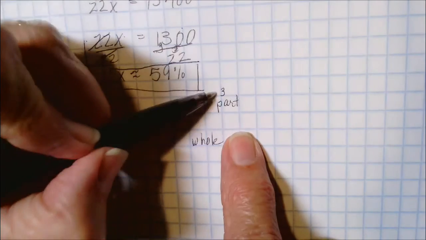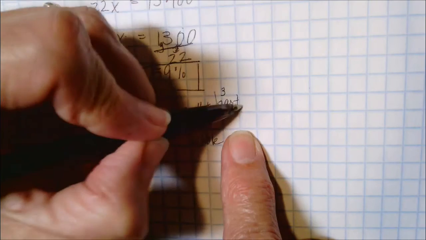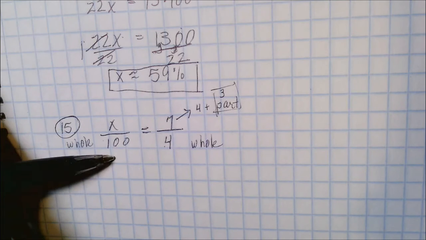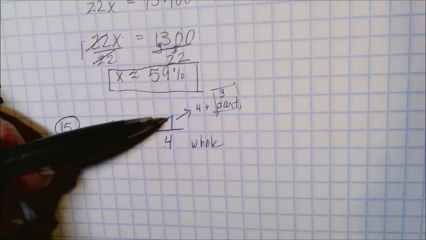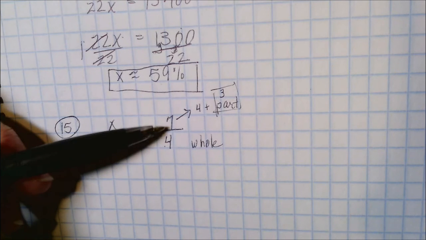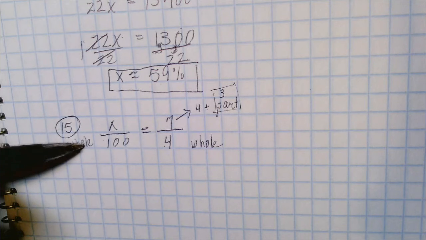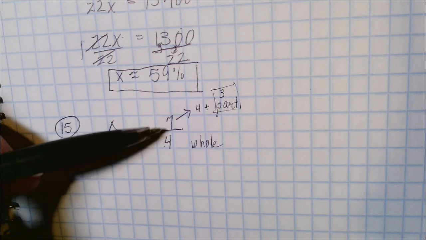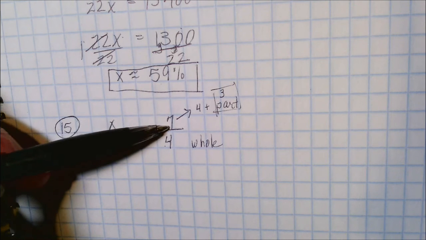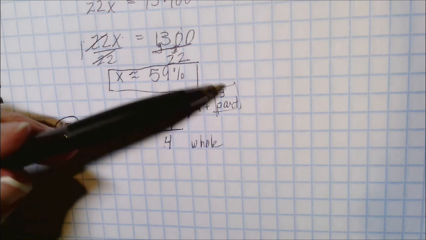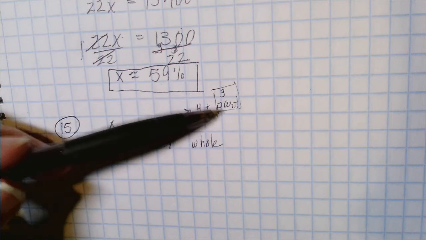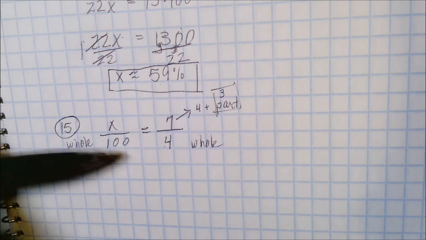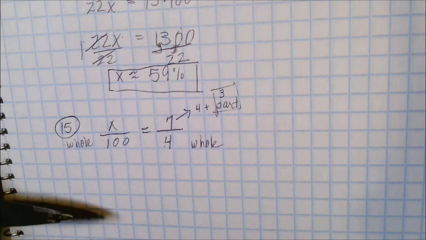So this is the part that I'm actually trying to determine. Because if it was just a whole to a whole, this number would be 4. And whole to whole over here, this would be 100. But this number is greater. So I'm actually trying to figure out this part because I know that this part is 4 and that represents my whole.